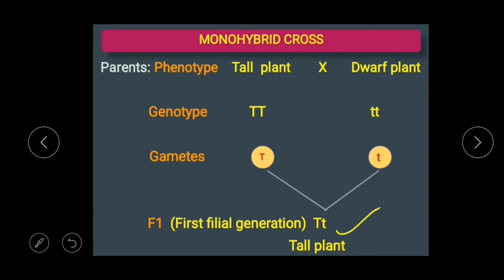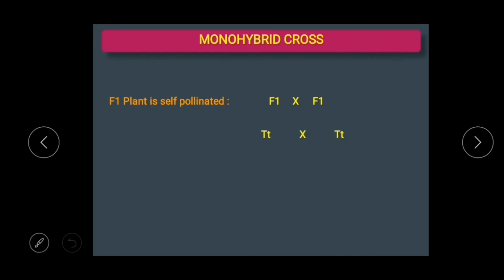Next step is the F1 plant is self-pollinated. F1 is self-pollinated, that is F1 capital T small t hybrid is crossed with F1 capital T small t, that is self-pollination.